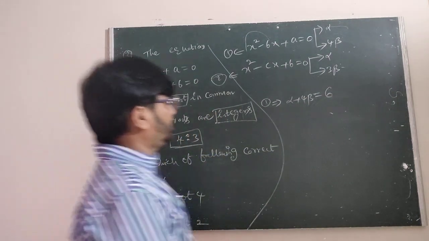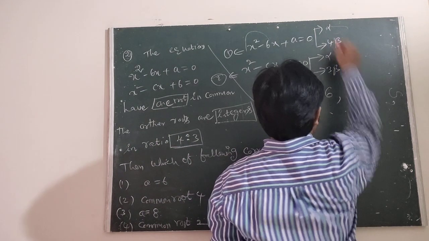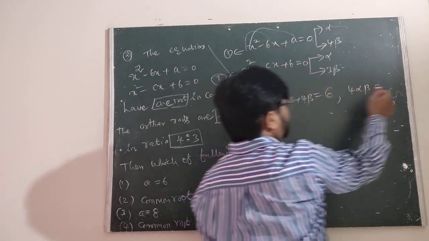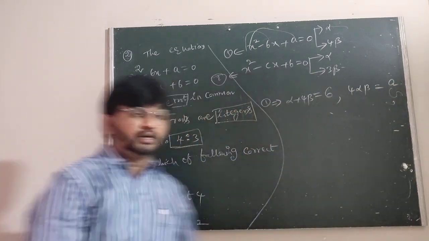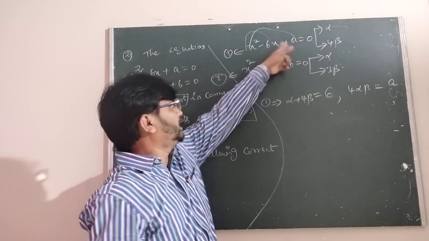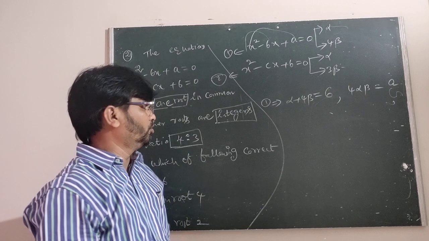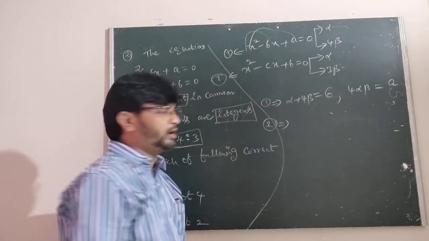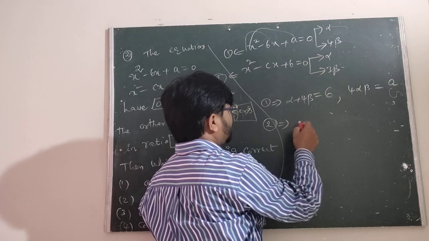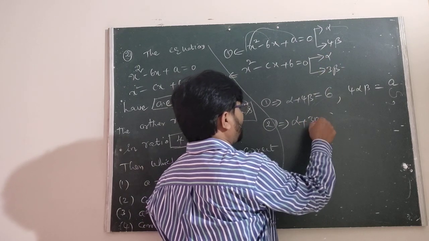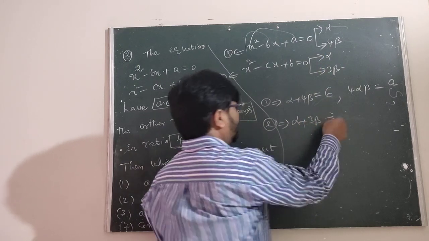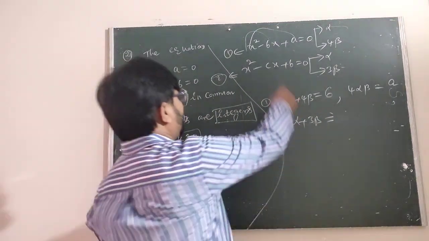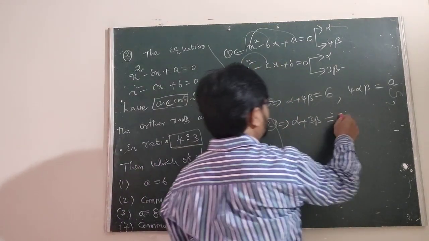And the product of the roots is 4 into alpha beta, which is c by a, equal to a by 1. Now for the second equation, the sum of the roots alpha plus 3 beta is minus b by a, that is c.